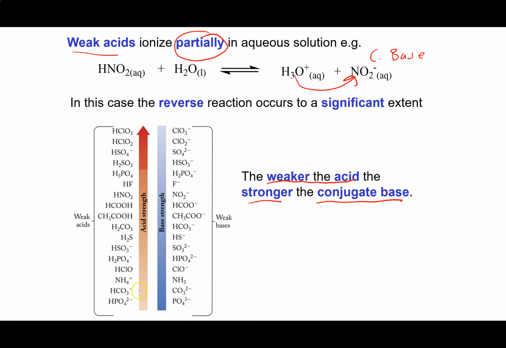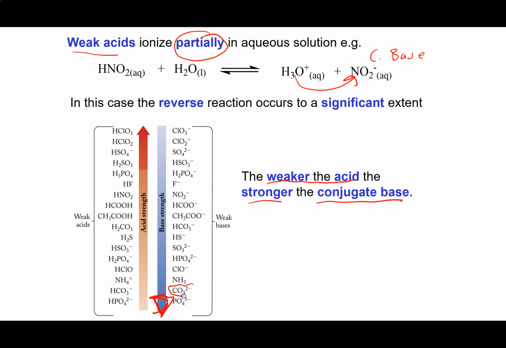So here's a whole bunch of acids listed in order of increasing acid strength from the bottom to the top. These are all weak acids, so there's nothing really particularly familiar here. And what you want to recognize is that the conjugate base strength increases in the opposite direction. So the weaker the acid, the stronger the conjugate base.